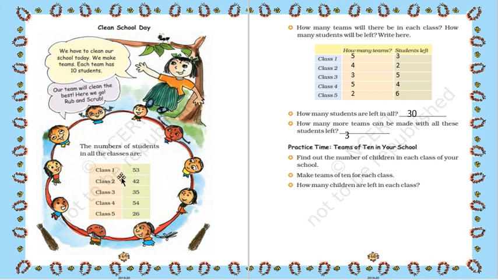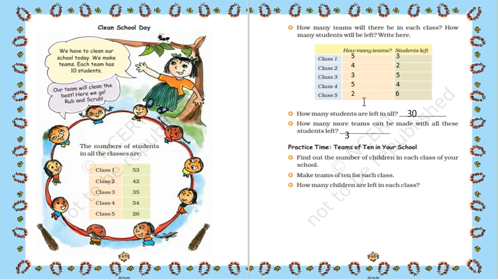If class 1 has 53 students, how many teams will we form? 5 teams and 3 students will be left. In class 2, 4 teams will be formed and 2 will be left. In class 3, 3 teams will be formed and 5 will be left. In class 4, 5 teams will be formed and 4 will be left.